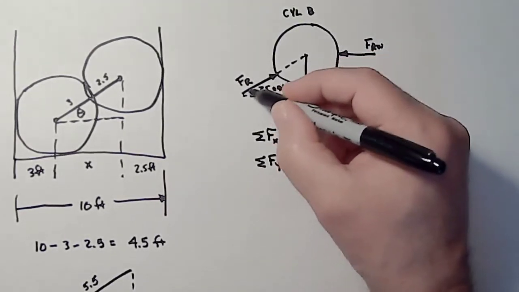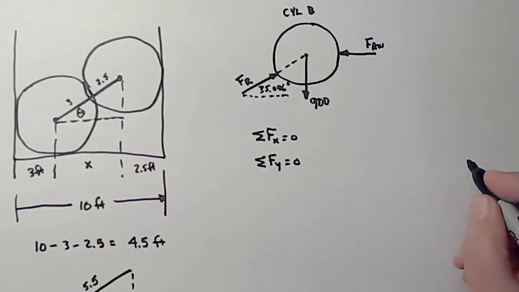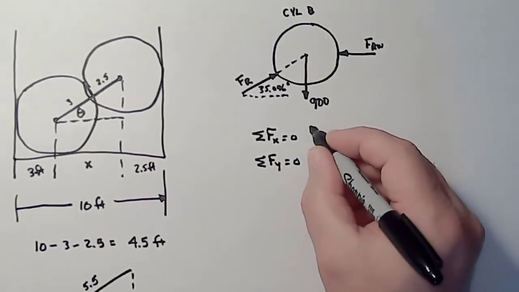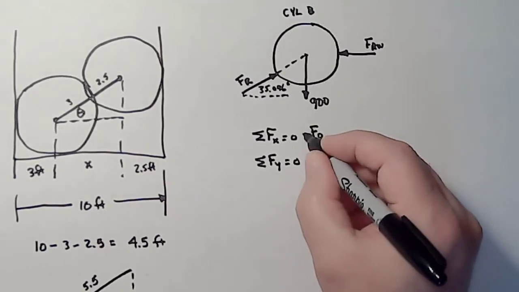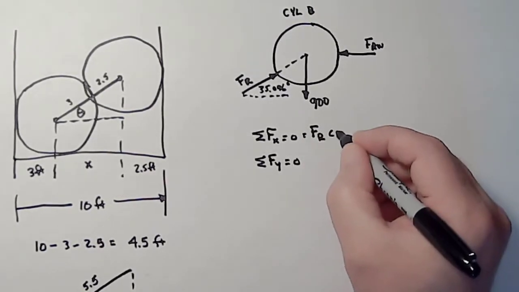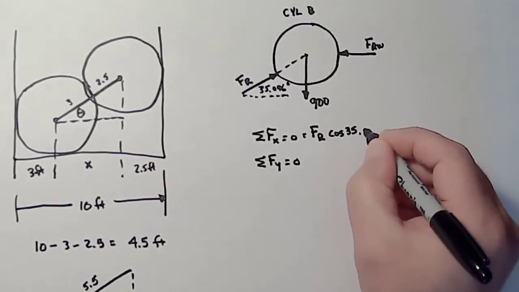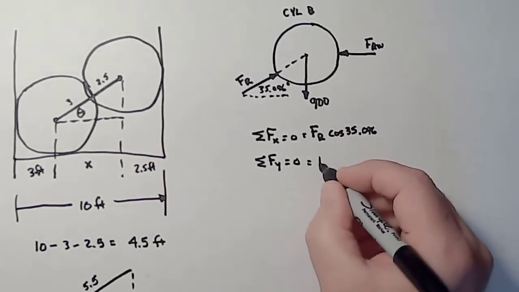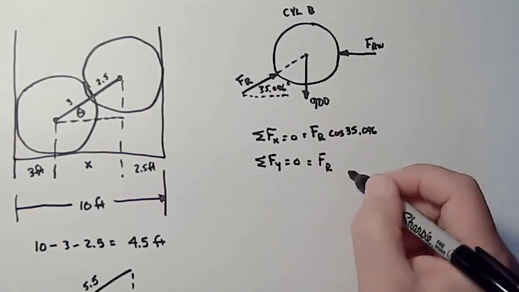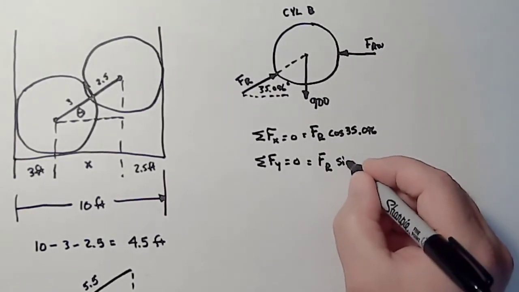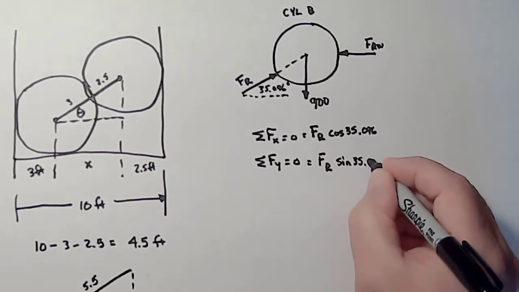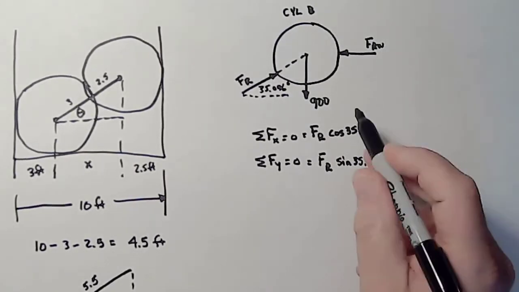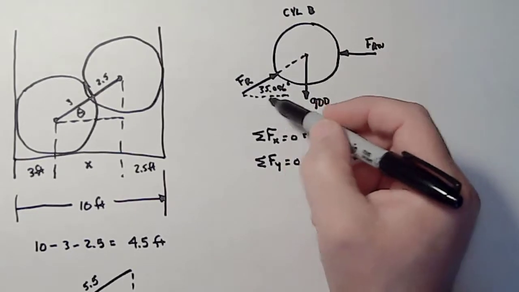We'll break the FR, the roller vector, into its x and y components. So I have FR times the cosine of 35.096 and FR times the sine of 35.096. Both of those are positive. One's pointing upwards, one's pointing to the right.